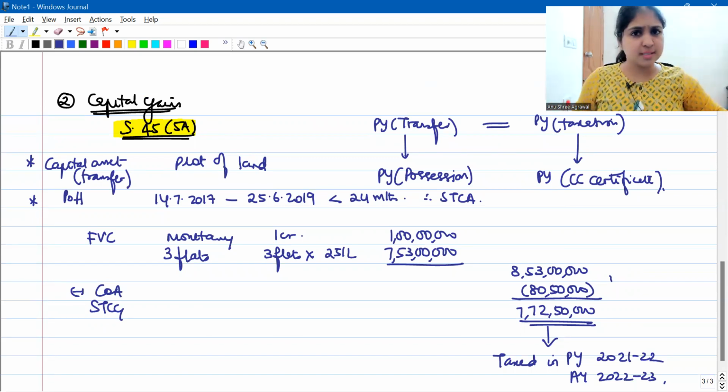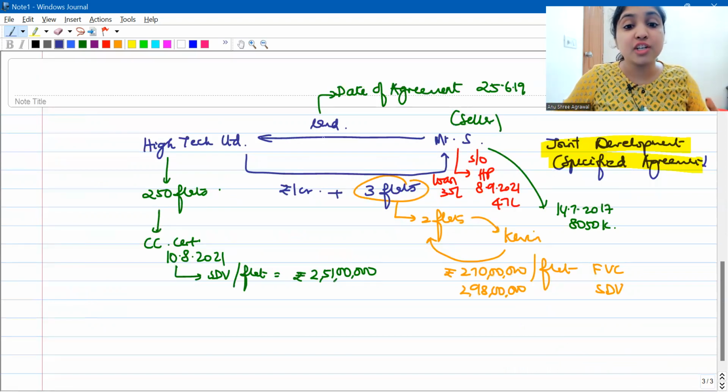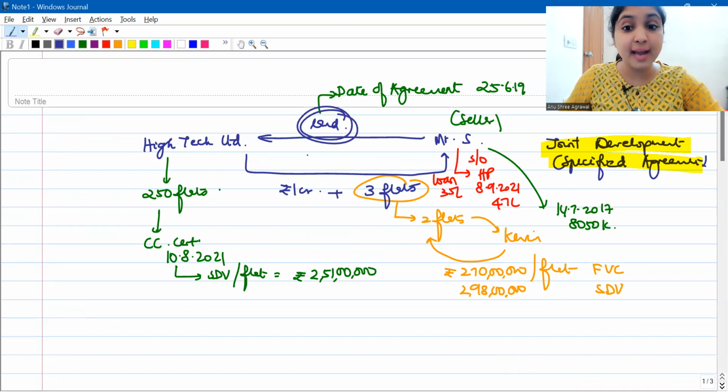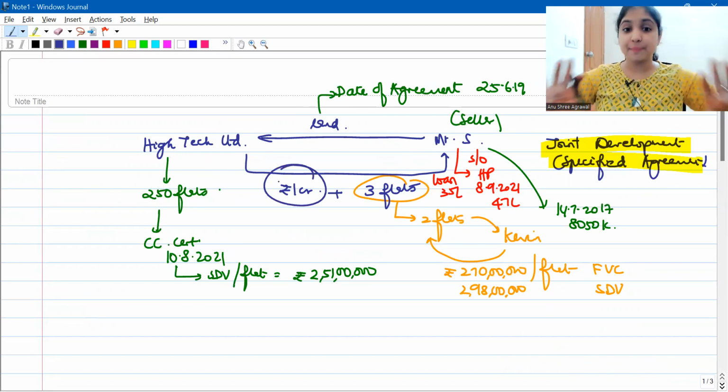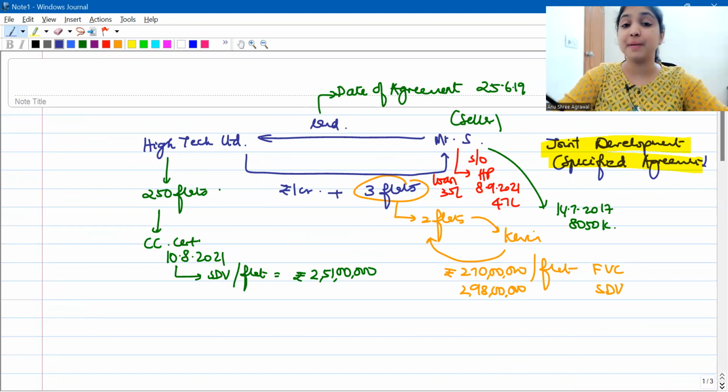Here, the seller of the property, the transferor of the property, transfers his property to the real estate developer, and in return, he for sure gets a share in the new property. Here, Mr. Sakshar had transferred his immovable property land and he got in return a share in the new property in the form of 3 flats. Monetary consideration may or may not be there. This is how a typical joint development agreement, a typical specified agreement looks like.